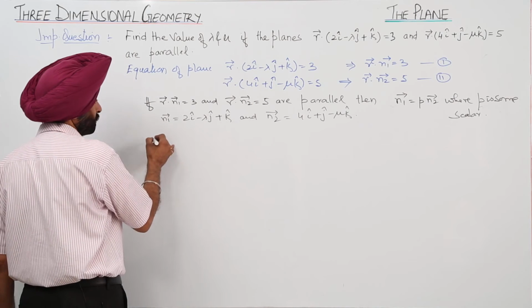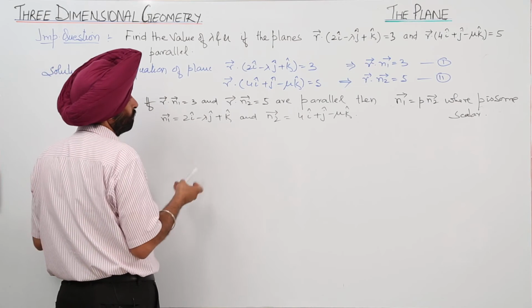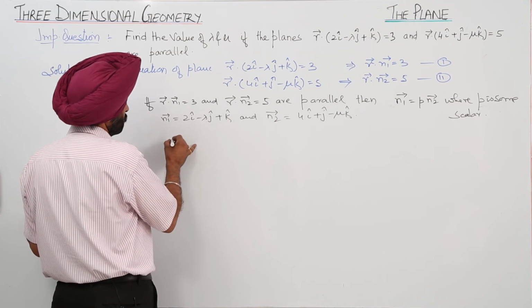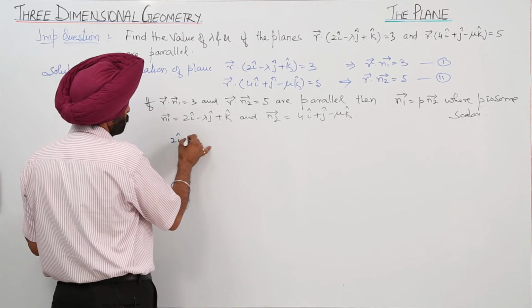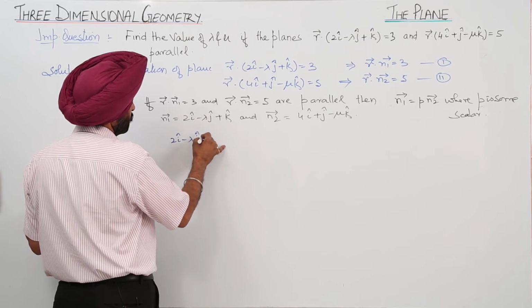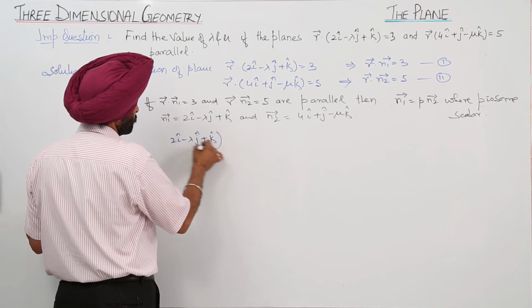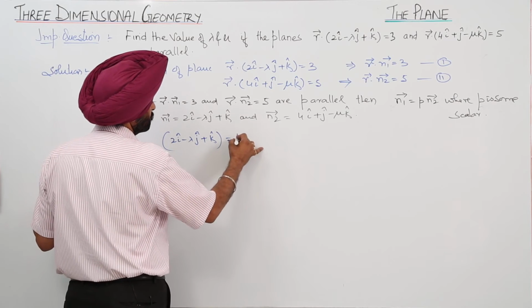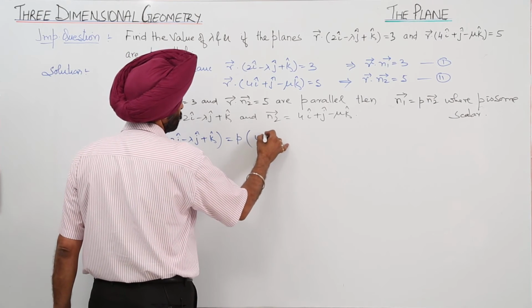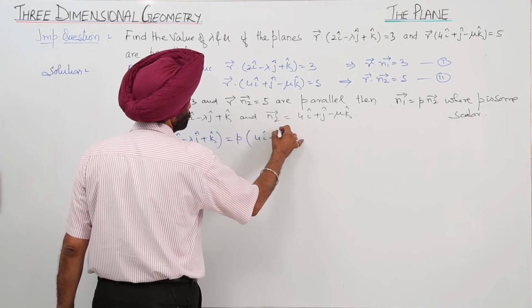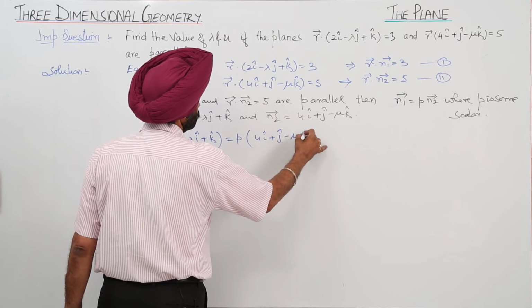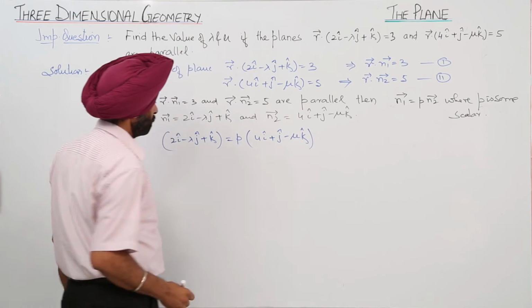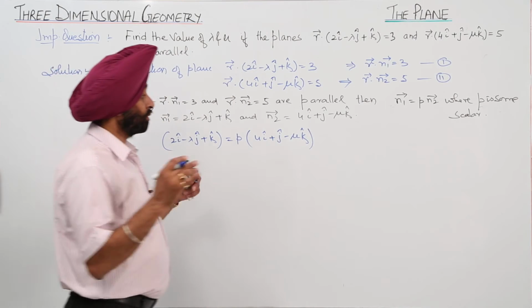Okay. Now, 2 i cap minus lambda j cap plus k cap is equal to p times (4 i cap plus j cap minus mu k cap).